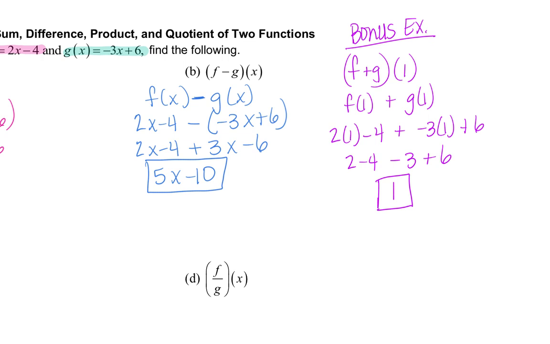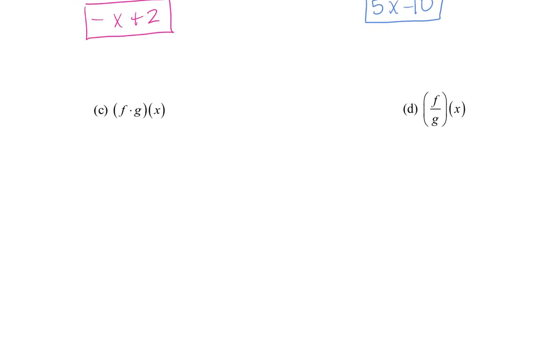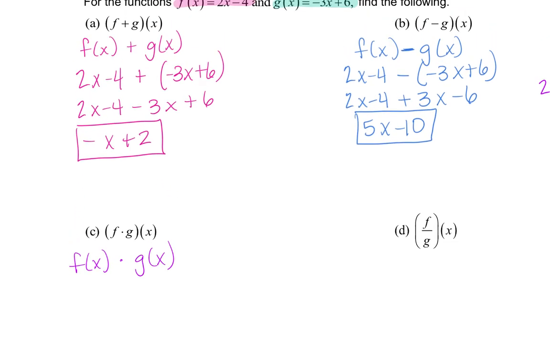Questions? All right, let's look at C now. So here we're multiplying them. So it's going to be f of x times g of x. 2x minus 4 times negative 3x plus 6.